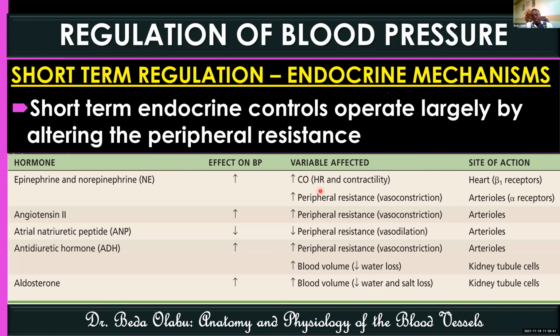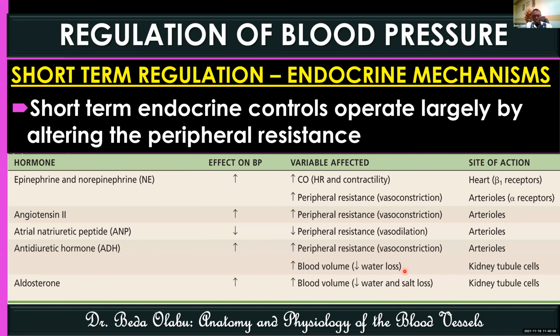If water follows, you lower the blood volume. So it will still act through alteration of blood volume to lower blood pressure. Although the changes which affect blood volume tend to be long-term mechanisms of blood pressure regulation. And that is why we've not put that one in this list here.